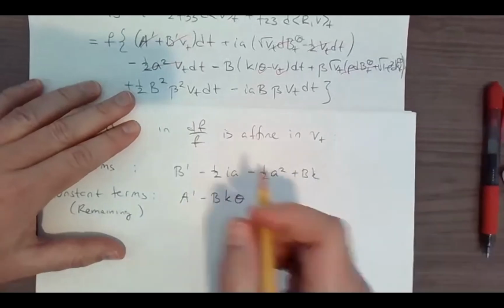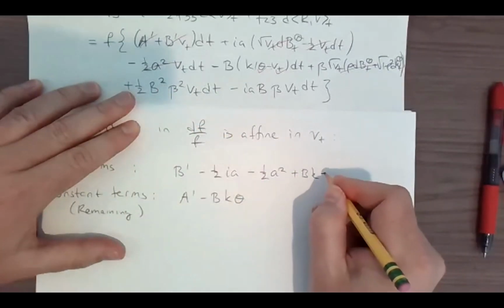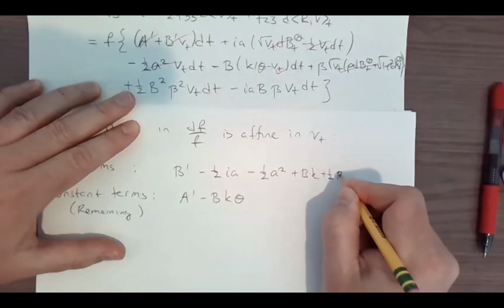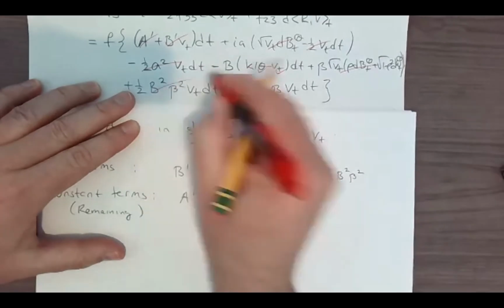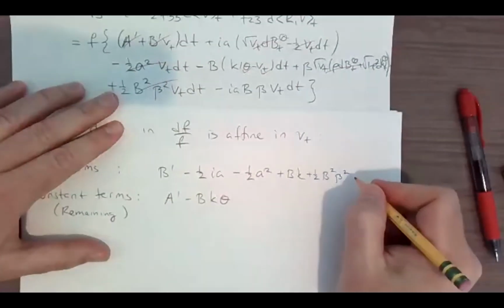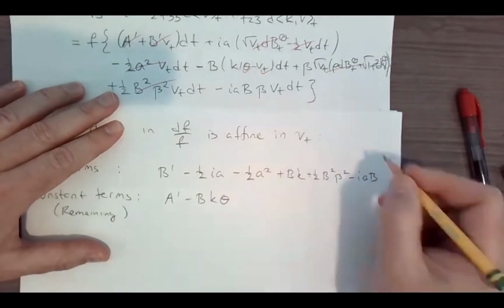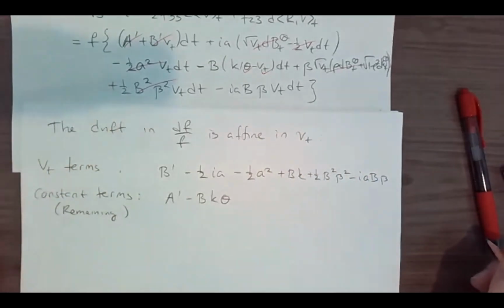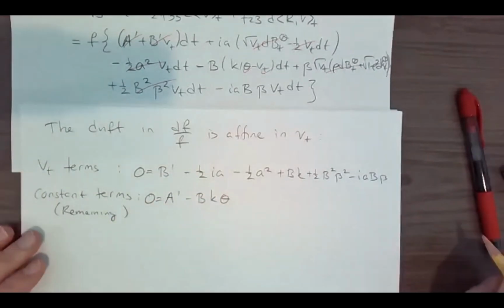And then the last two terms, this is where we pay the penalty. There's a square here on the B function. This is where the Riccati equation comes up. 1/2 B squared beta squared times V minus I A B beta. But we want this to be 0 and we want this to be 0.